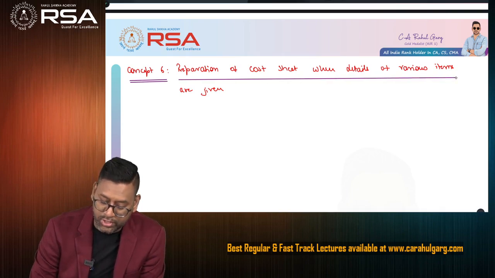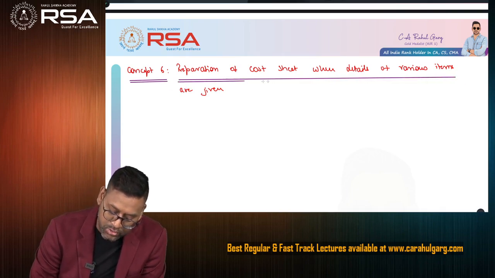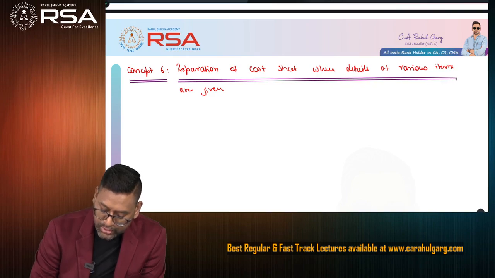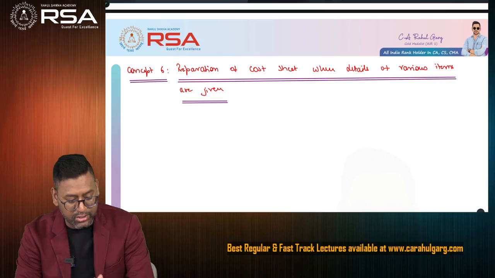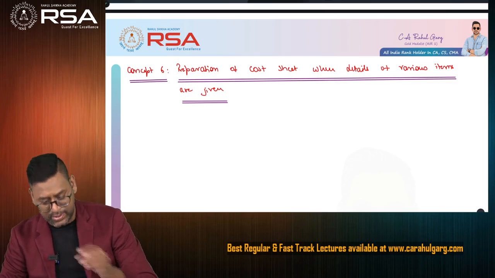As we have learned till now, whenever the details of various items are given, we should clearly find out which category of expense the item belongs to, and then think.